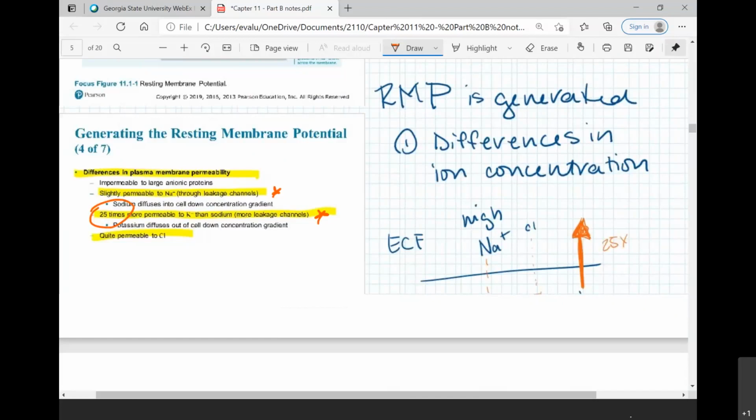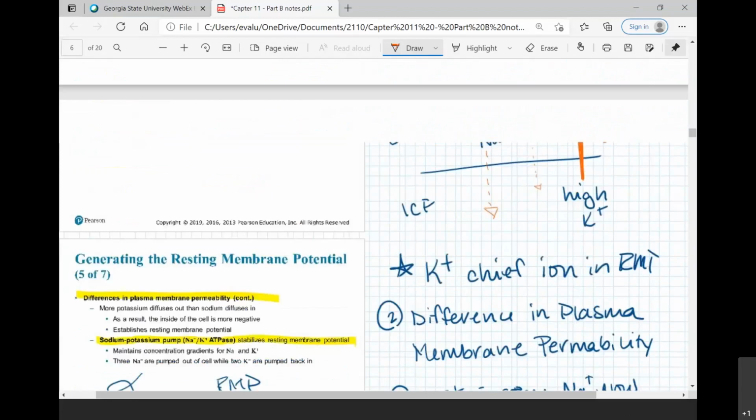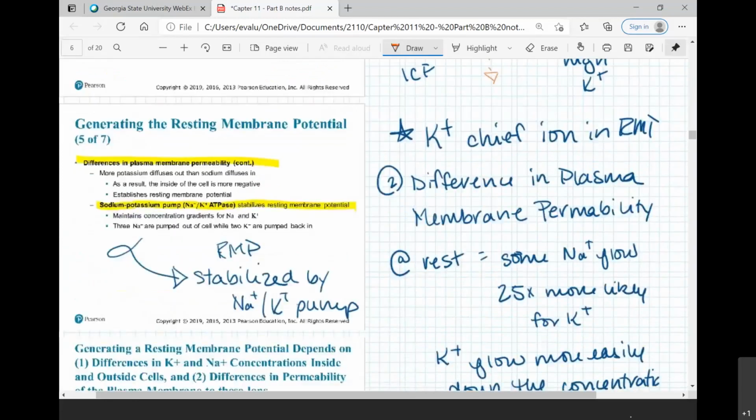So our resting membrane potential has sodium and potassium on either side of the cell in very high concentrations. But your potassium likes to move across and can do it way quicker and way easier. So that's going to be driving the differences in our plasma membrane permeability. So potassium is our chief ion that is causing our resting membrane potential to occur.